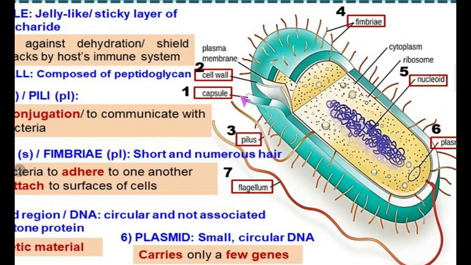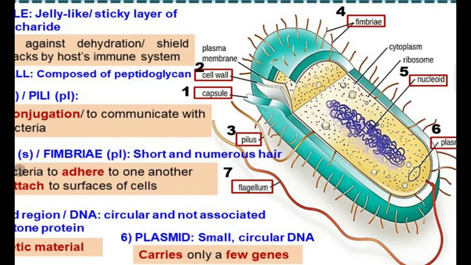Okay, and then look at structure number 3, pilus, or the plural pili. This is the long hair. This is not flagellum, but it is pilus. Pilus is usually present in some bacteria for conjugation, or for transferring DNA between bacterial cells.